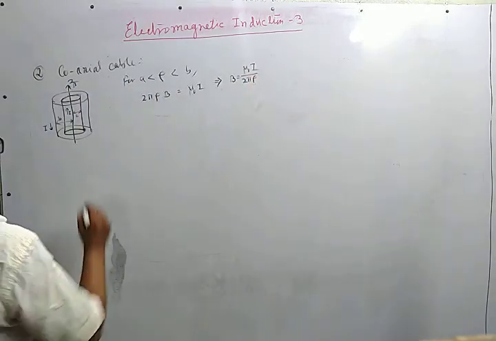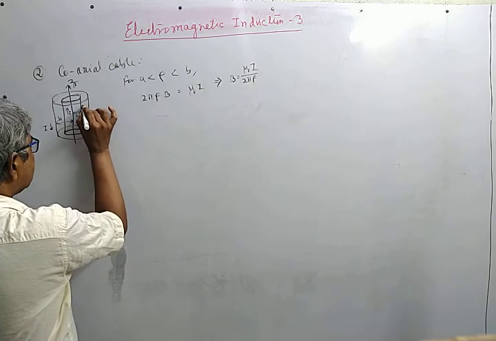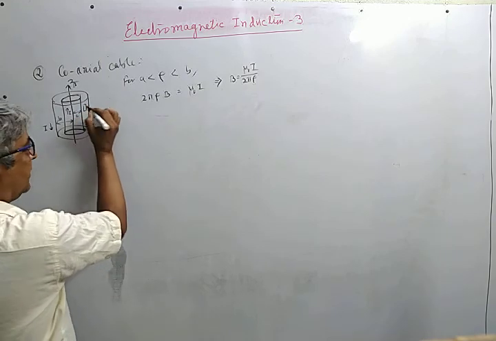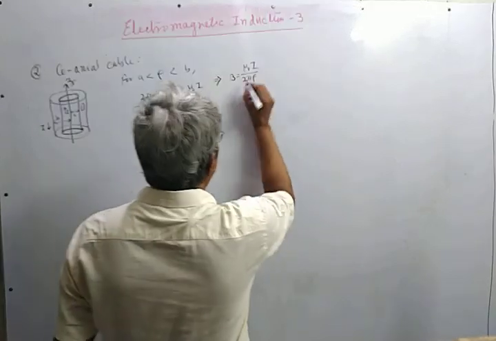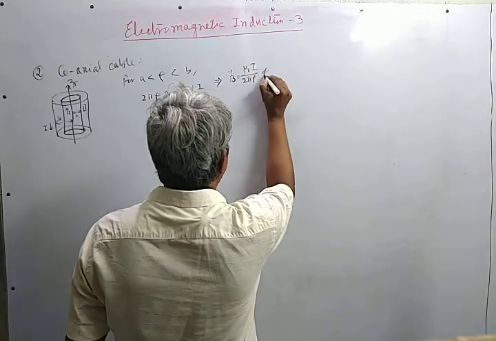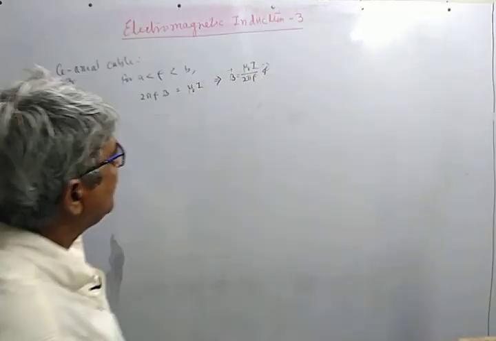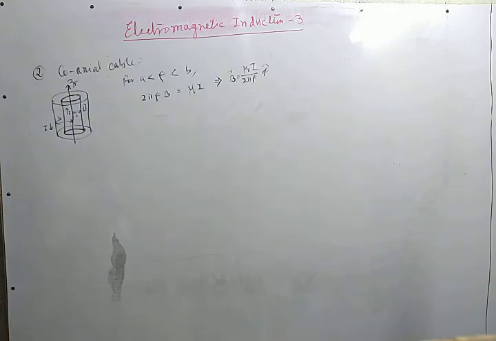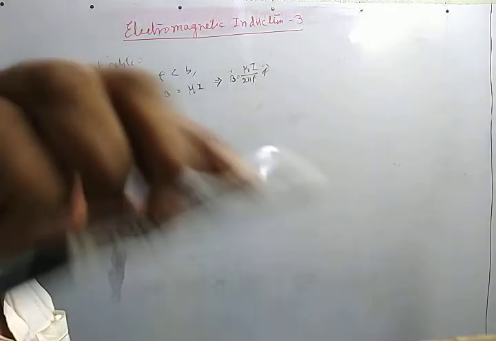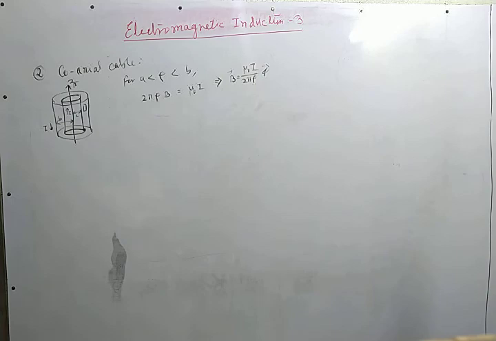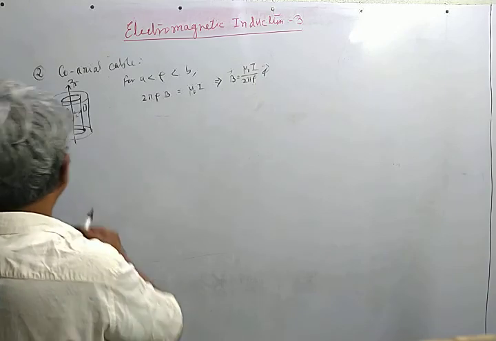Now coming to the flux linked with it, we consider a cross section. So note that B is along phi cap. We consider a cross sectional area on the phi equal to constant surface in the cylindrical coordinate system.